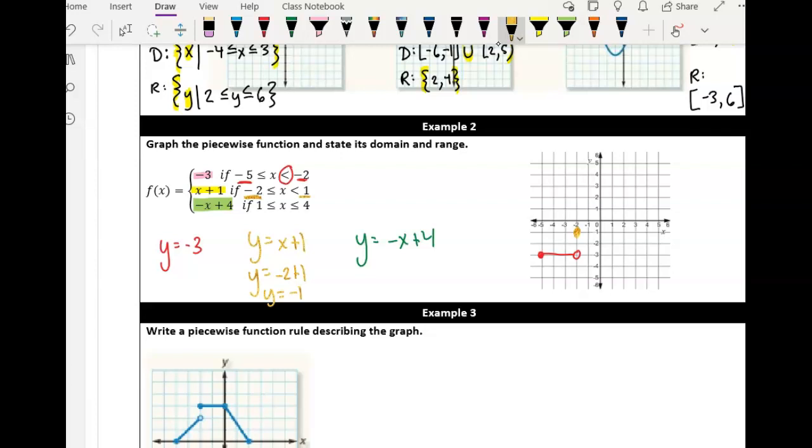And if I plug in a 1, I'm going to get out a 2, but that's going to be an open circle because it doesn't have that equal to there. And that's how we're going to graph those. So no matter what the graph is, we're just going to put in those endpoints. So if I plug in 1 into -x plus 4, -1 plus 4 is 3. So when I plugged in 1, I got out a 3. And when I plug in a 4, I end up getting 0.